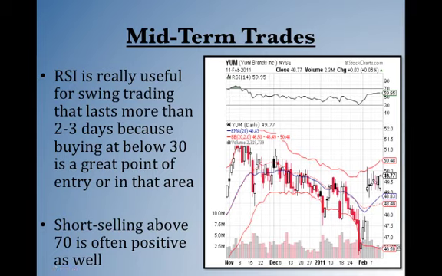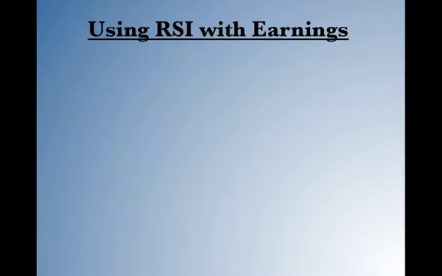level. And as I said before, short selling at 70 is often positive, but again, in the market we're in right now, with a lot of buying, a lot of bullish runs and an overall pretty positive market sentiment, short selling is tougher to do.